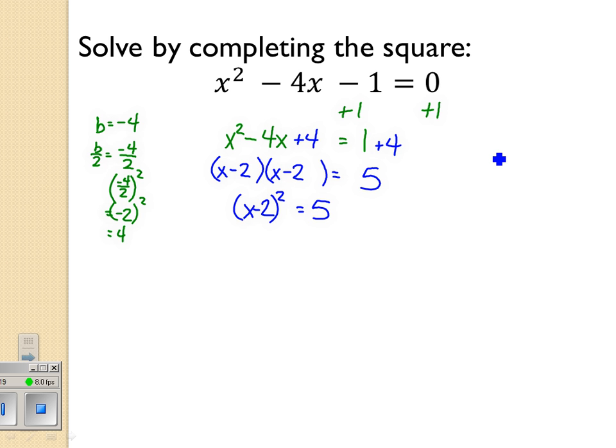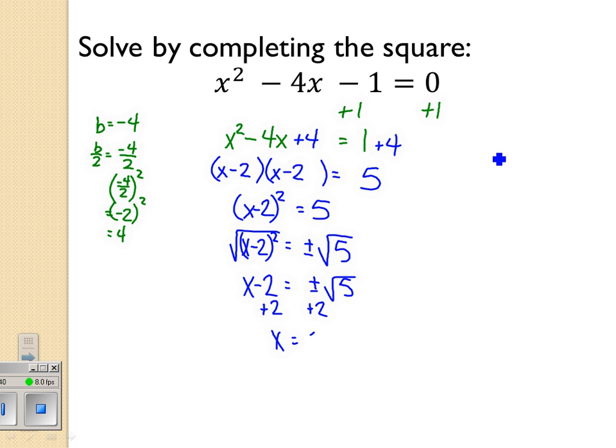If we take the square root of both sides here, we are going to get x minus 2 on the left, equal to plus or minus the root of 5 on the right. Get rid of your 2. x will be equal to 2 plus or minus root 5.